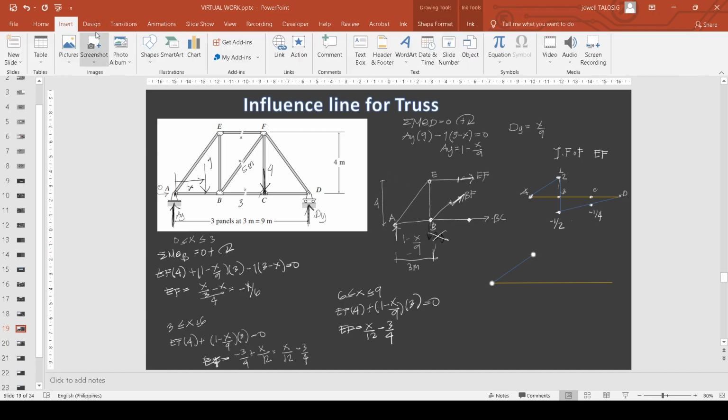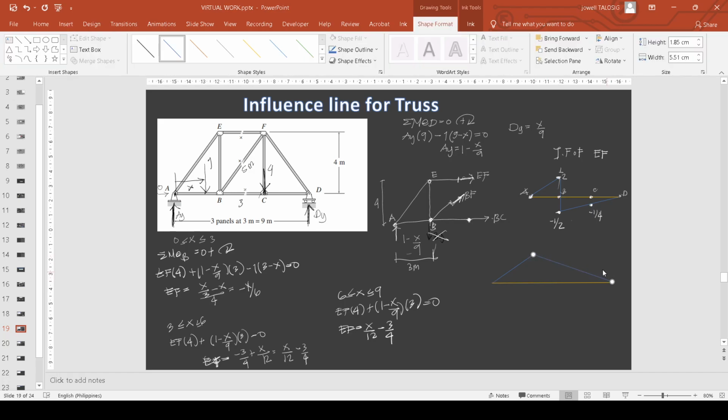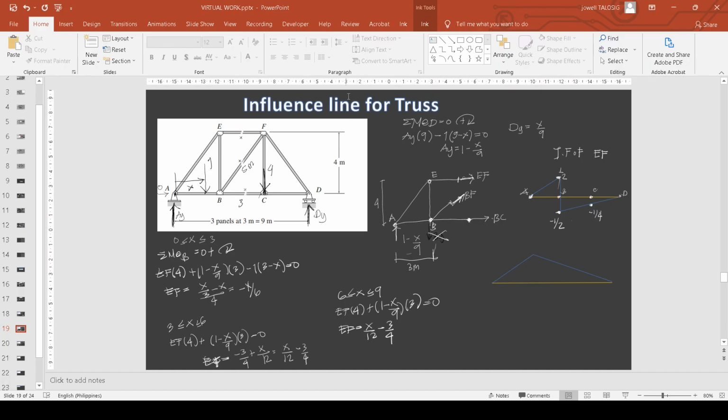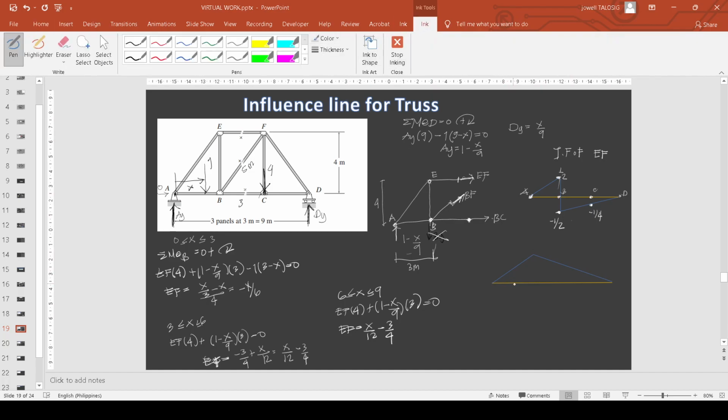Okay, so this one at point A, point B, point C, point D. Okay. So at this point, when the 1 unit load is at exactly point B, so the member force BC will have a tension that's equal to 1/2.